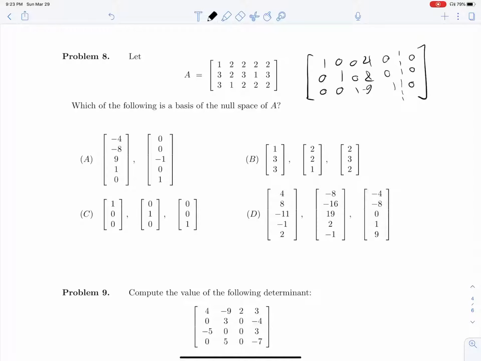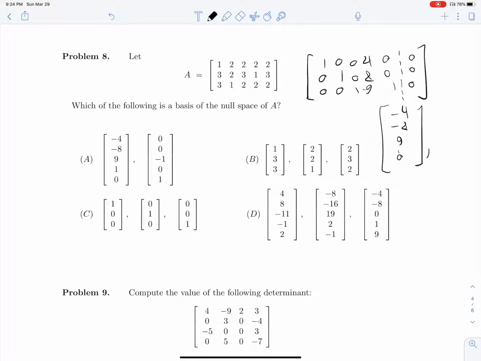We see that one of these solution vectors for our free variable x4 is going to be -4, -8, 9, 1, 0, because, just to reiterate, x1 here is equal to -4 x4 if we move that over to the other side of the equation. x2 is equal to -8 x4. We get 9 here, and of course x4 is equal to 1 of itself.